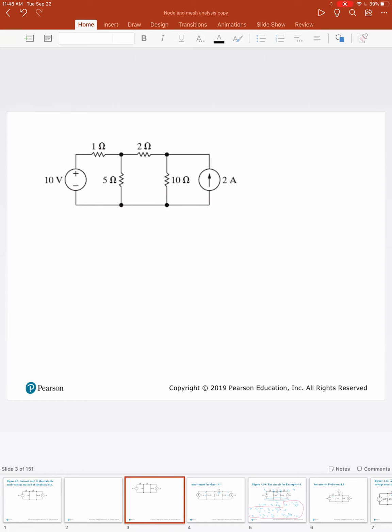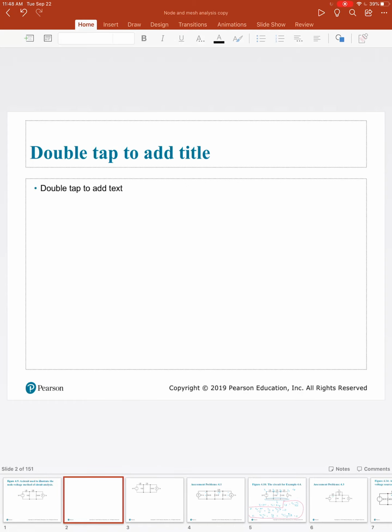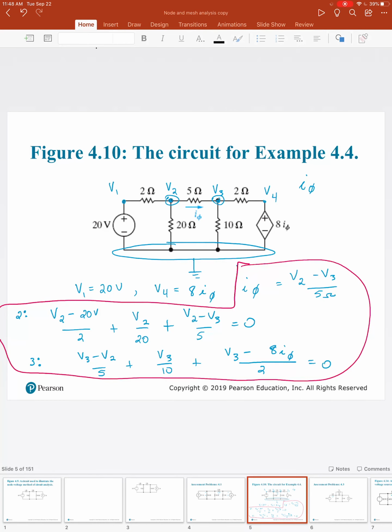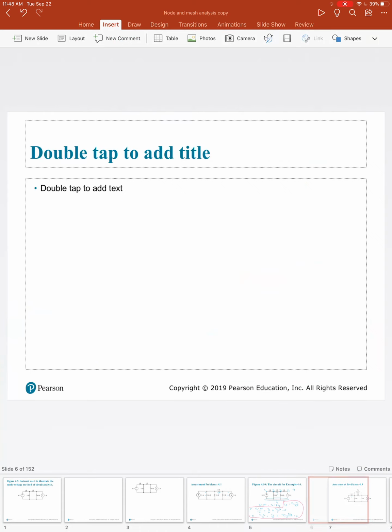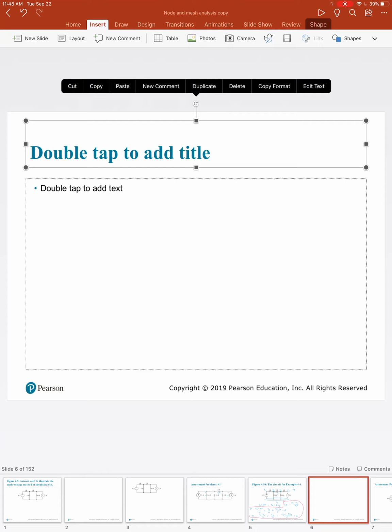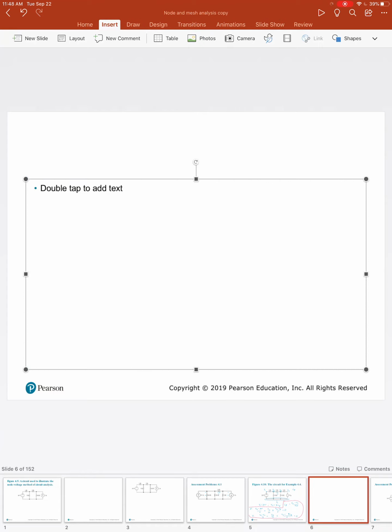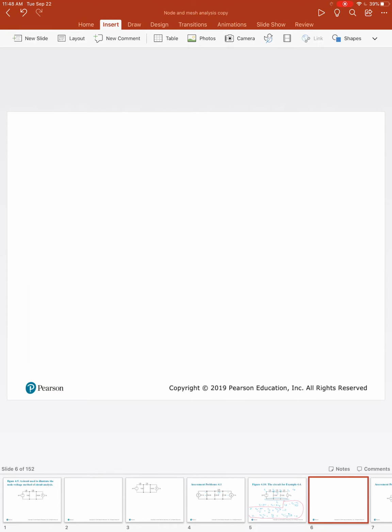This is not the same problem. So let's go back here and insert a new slide. Let's get rid of this, and get rid of this.